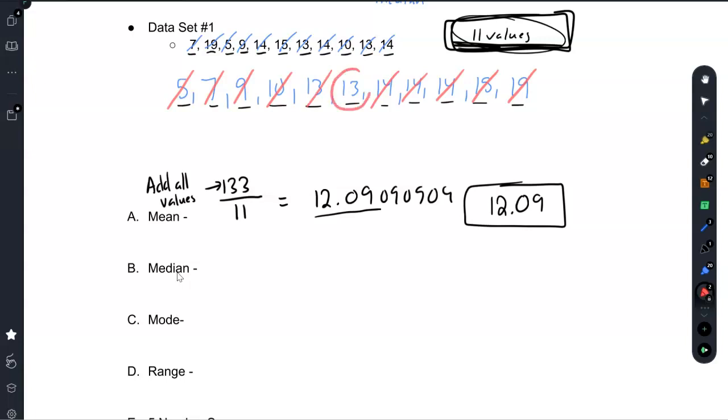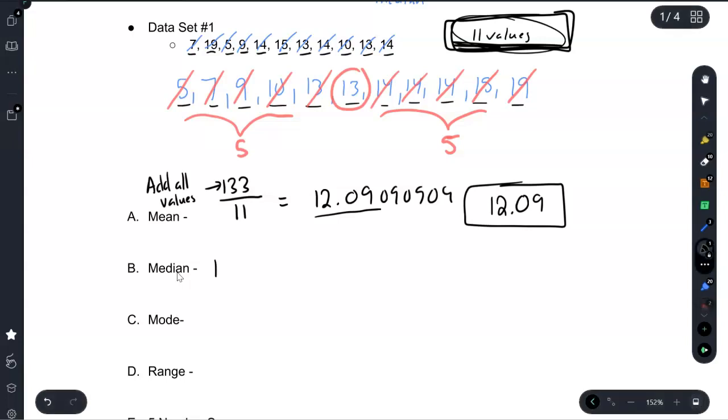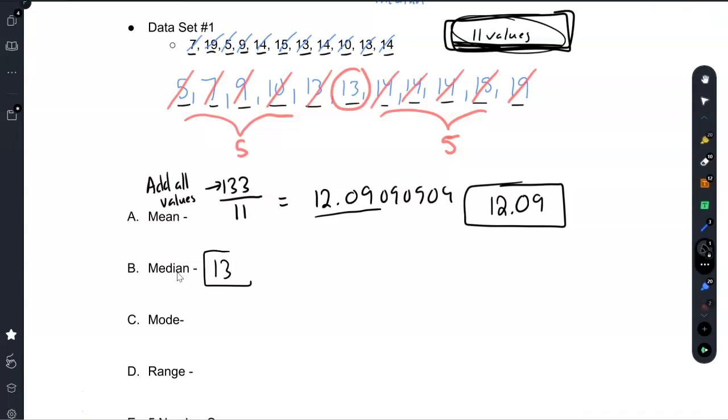And you'll see I have this value in the middle. If I want to double check myself, I have 1, 2, 3, 4, 5 values on the left side, and 5 values on the right side. So I confirm that I've taken away 5 values from the left, 5 values from the right. So the number in the middle is 13.